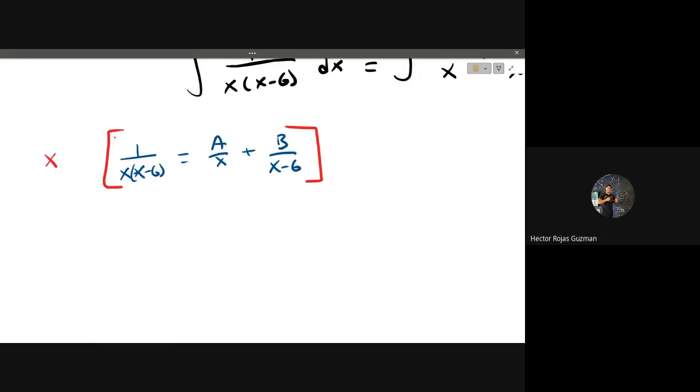So you multiply by x times x minus 6, which cancels out the entire denominator for the first one, leaving you with 1. When you multiply it to the a group, it's going to be a times x minus 6. And multiply it to the other one, and you get b times x.